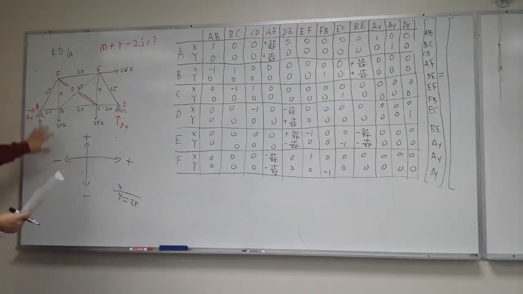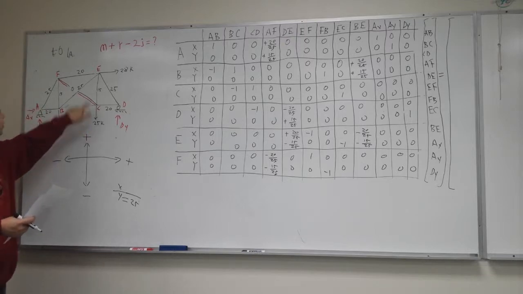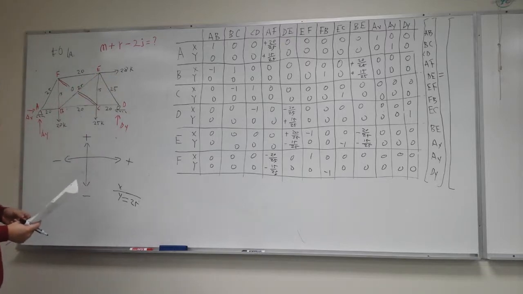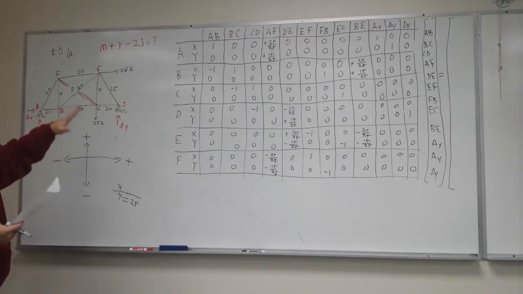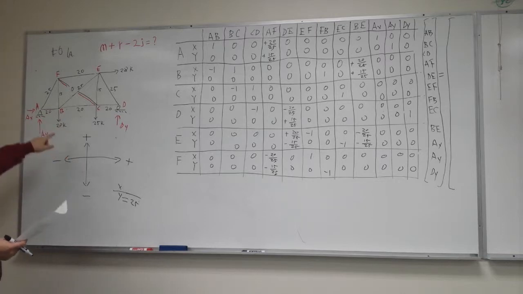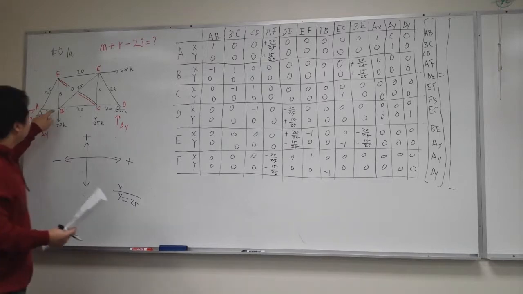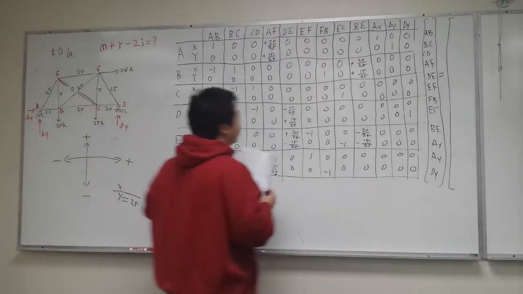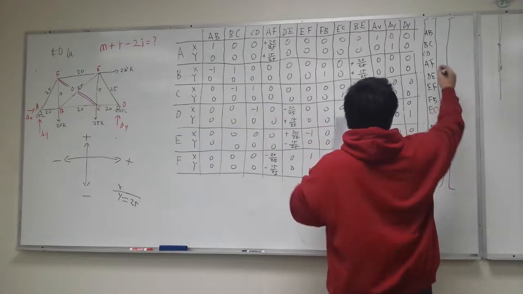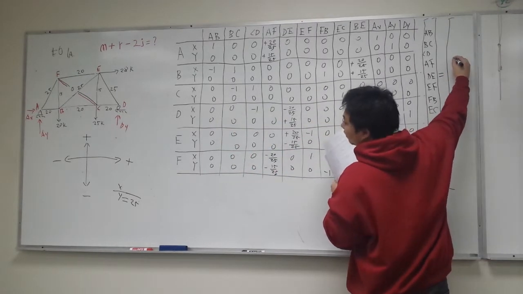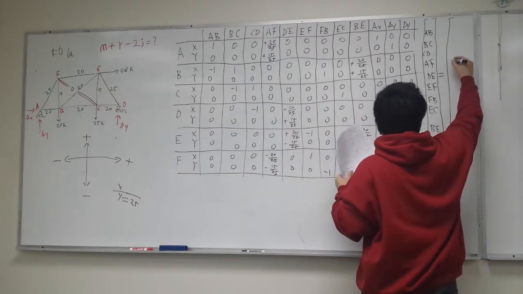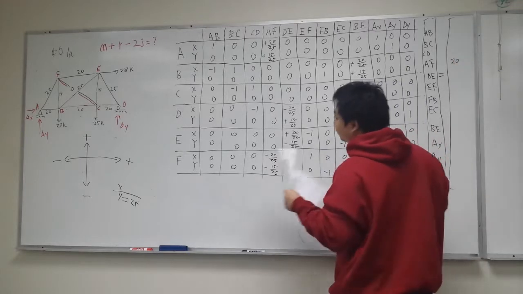So you look at the structure. You're going to have 1, 2, 3 point loads. For this one, it's at point B. But when you do the matrix, you're going to flip it. Because going down is negative, if you see negative, you have to flip it and it becomes positive. So at point B, in the y direction, going down is negative, so you flip it and it becomes positive 20.